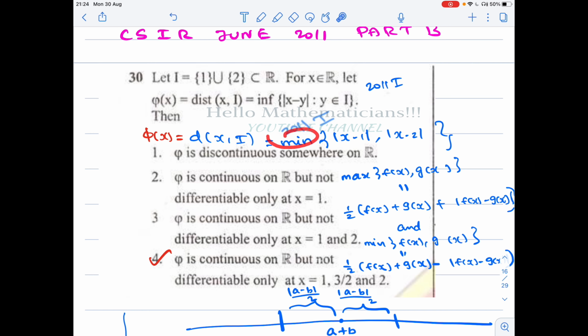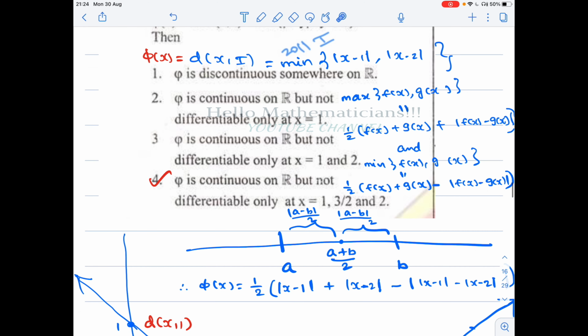That is why it is called the minimum function. For some values f could be the minimum, for some values g could be the minimum. So from two functions f of x and g of x, by using minimum we have constructed a new function. Similarly for maximum.